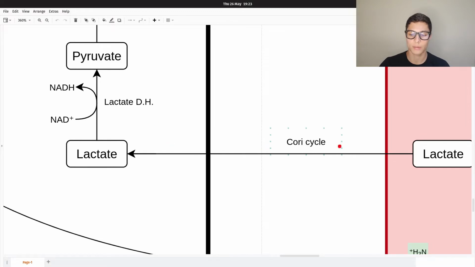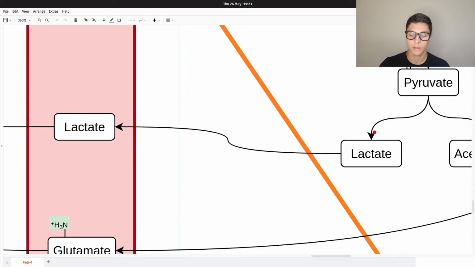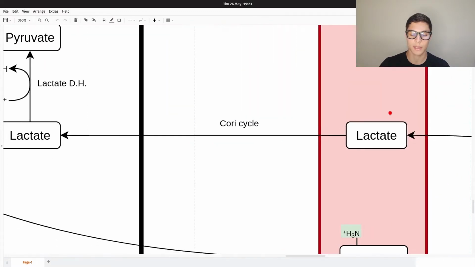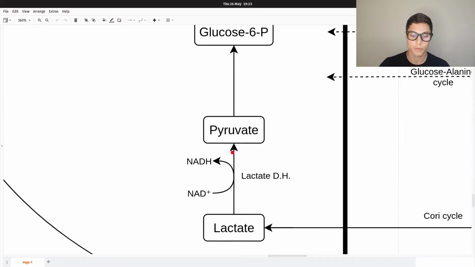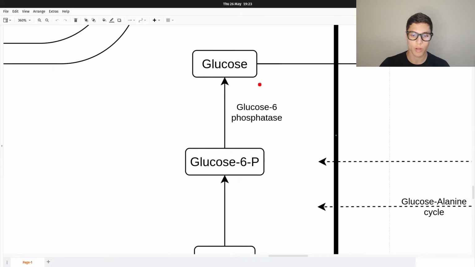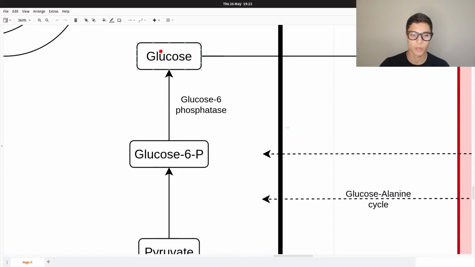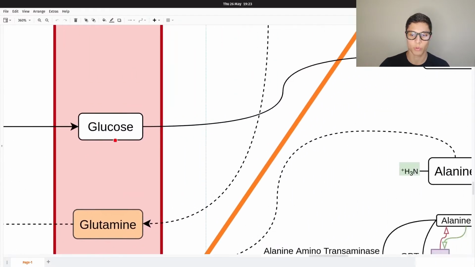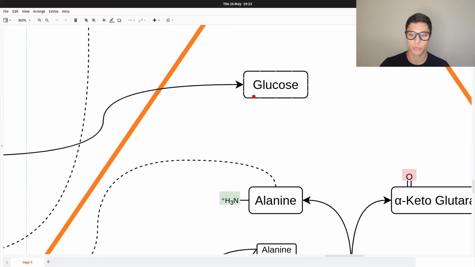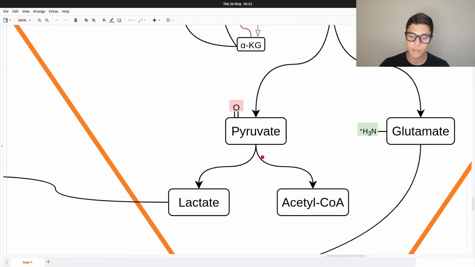The Cori cycle gets the pyruvate, converts it into lactate, and then lactate travels to the liver to be converted back to pyruvate and then go for gluconeogenesis. Glucose is then exported back to the muscle to be used. This is a mechanism the muscle and the whole body uses to get new glucose from pyruvate.